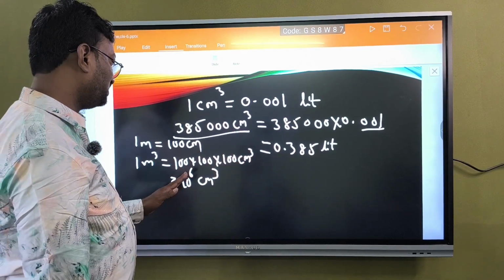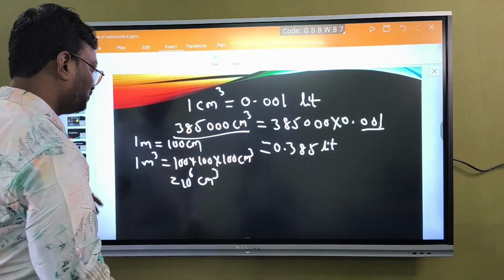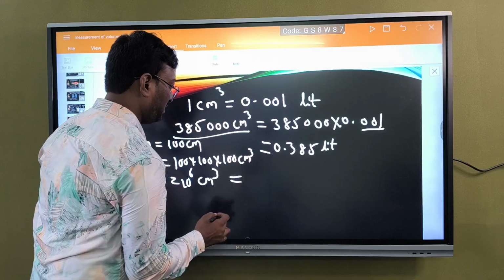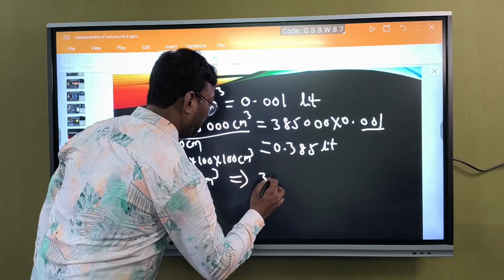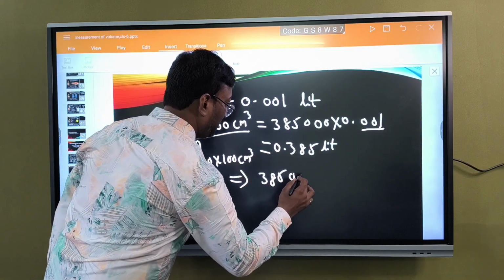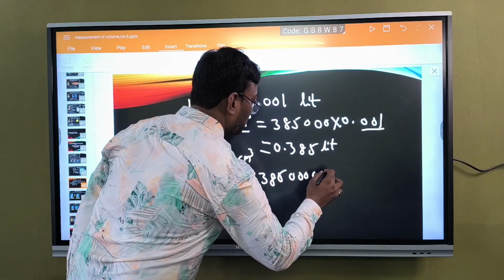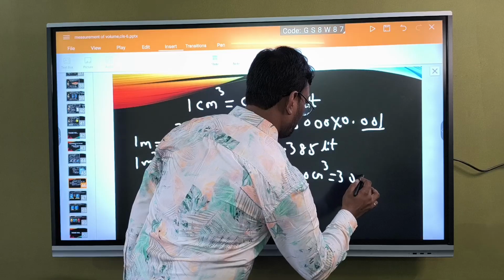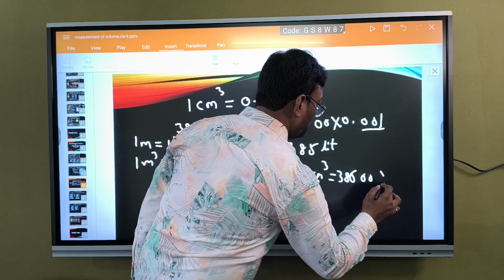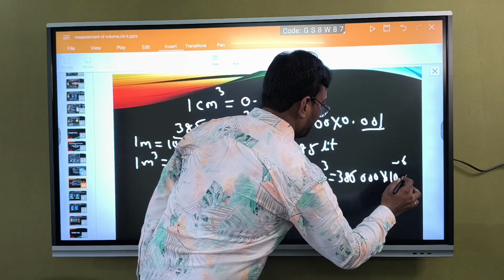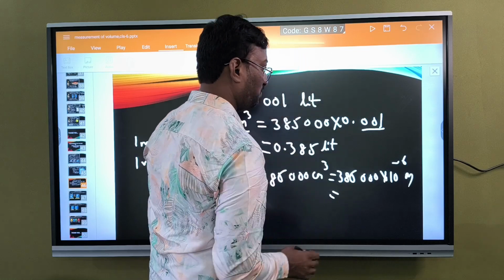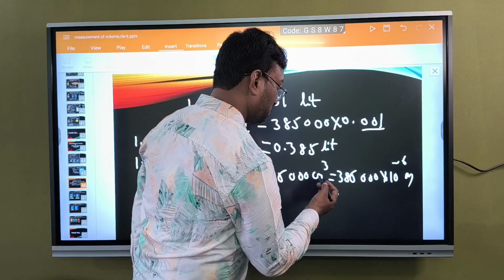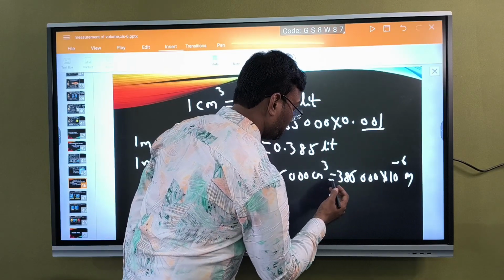We should convert this into meter cube. So 1 centimeter cube is equal to 10 power minus 6 meters cube. That implies 385,000 centimeter cube is equal to 385,000 into 10 to the power of minus 6 meter cube. So after this, count 1, 2, 3, 4, 5, 6.